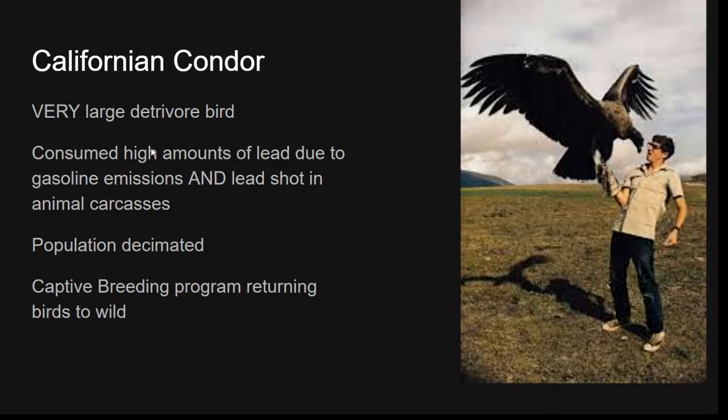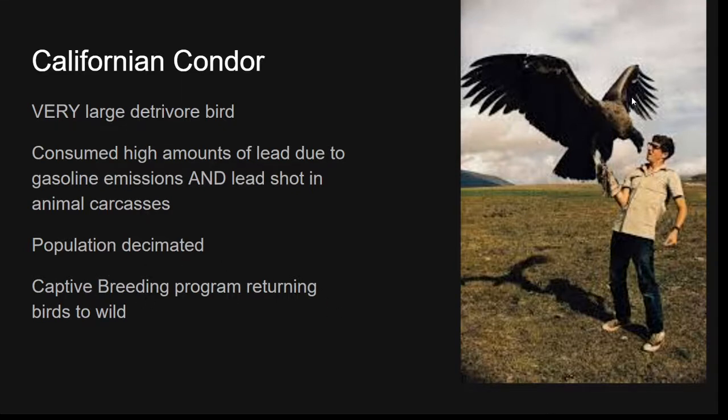Well, they consumed high amounts of lead in the process from both gasoline emissions on the West Coast and from lead shot in animal carcasses. So like hunters would shoot a carcass and there would be lead shot. The bullets would have lead in them. As they were eating the meat, they were consuming it, and then it was acting as a neurotoxin. The population was decimated, and so we did something called a captive breeding program.